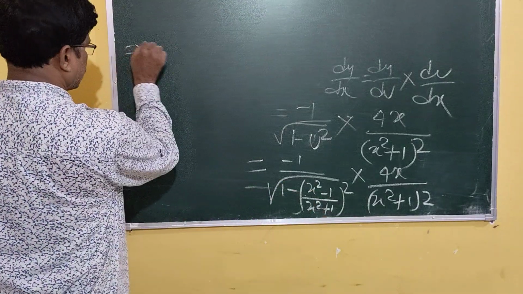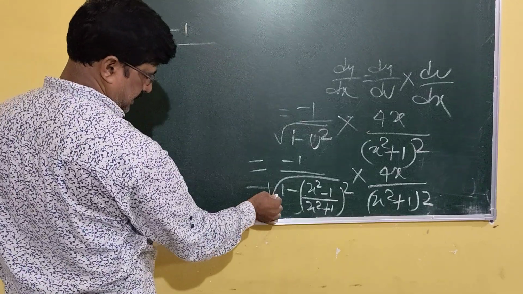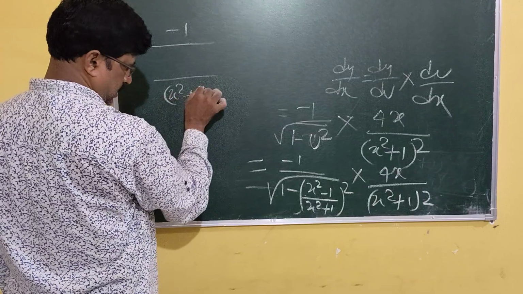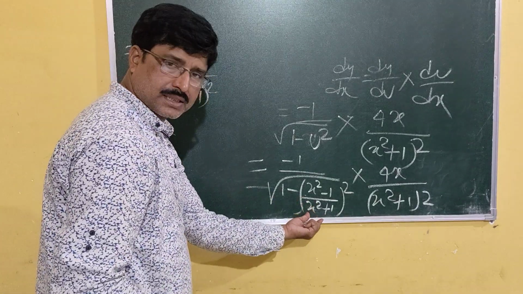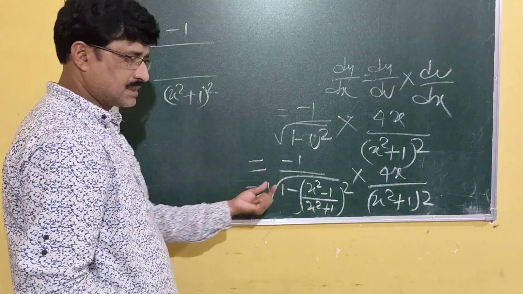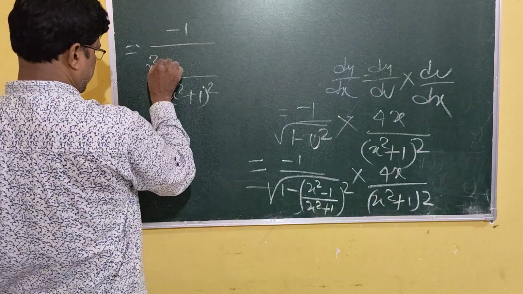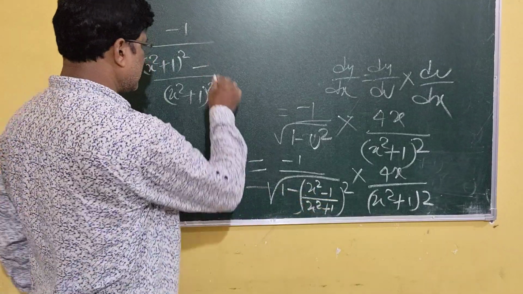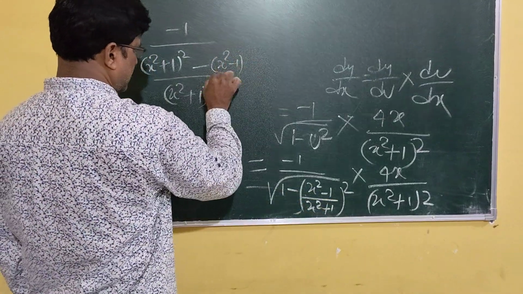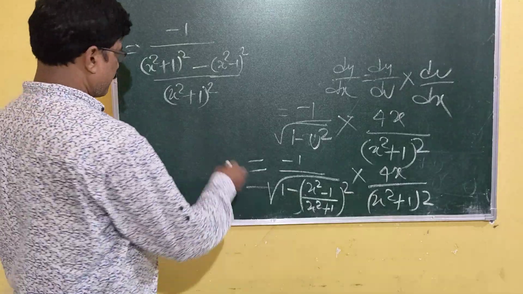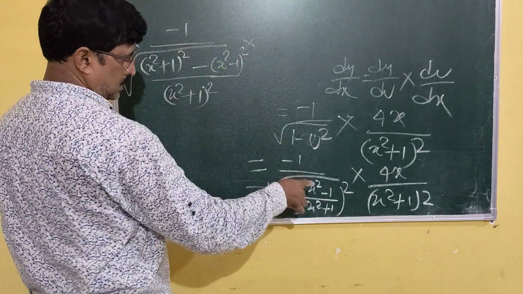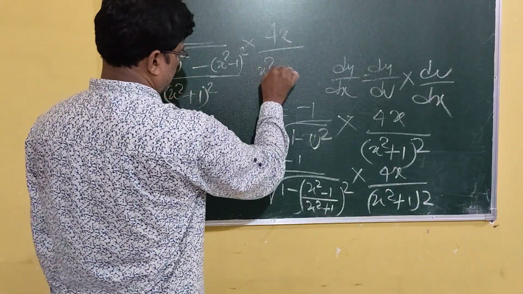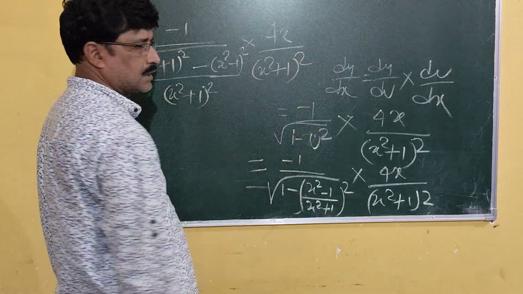Now we can take the LCM, that is x square plus 1 whole square, so it becomes x square plus 1 whole square minus x square minus 1 whole square, root over, into 4x by x square plus 1 whole square.